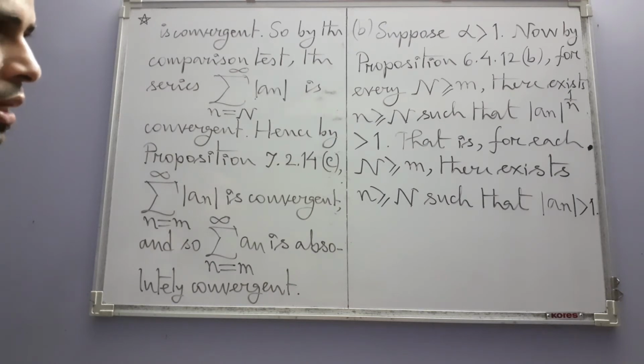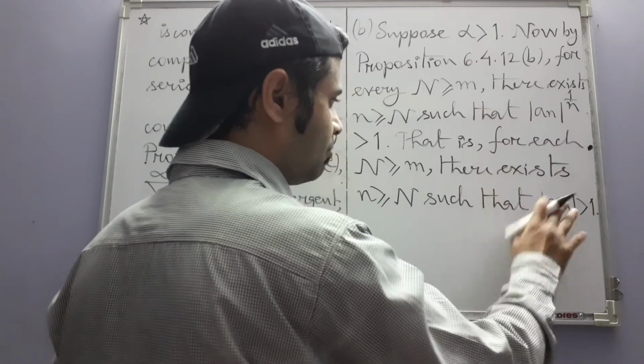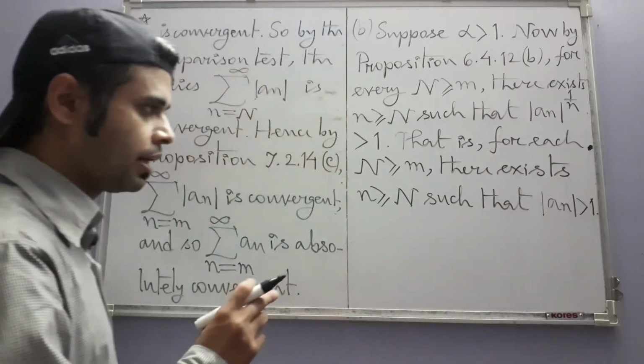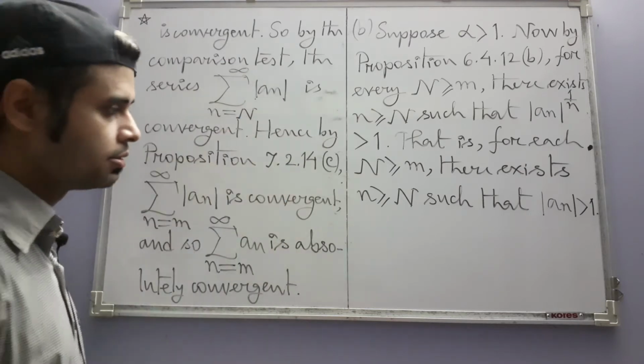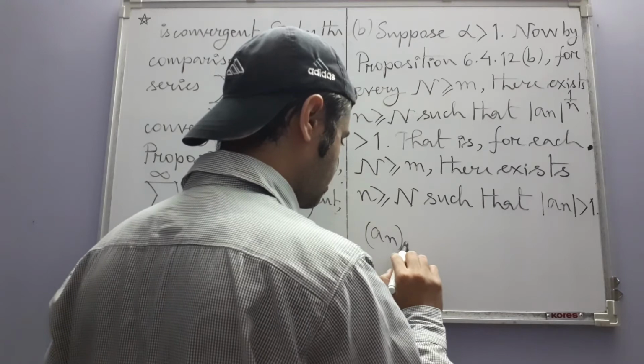So do you see what we have obtained here? Now we don't have nth root or anything. Now we are just simply looking at absolute values of the terms of the series, or rather we are looking at this sequence.